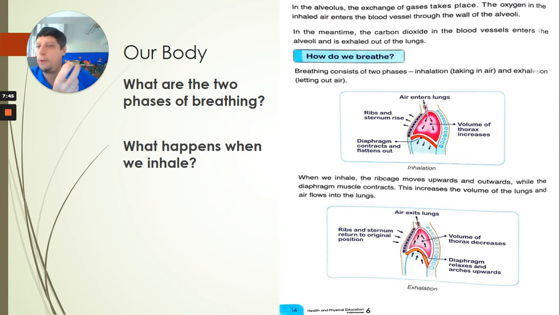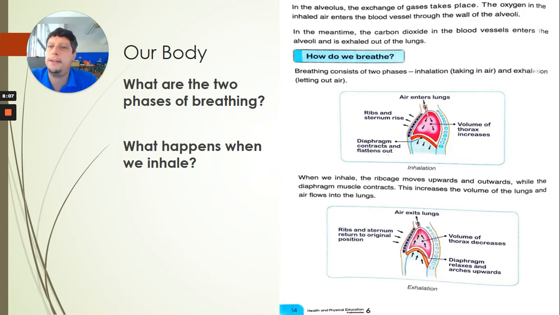It then makes its way around through the whole body, goes back into the alveoli, and then makes its way back up through our trachea and out through our nostrils again when we breathe out, okay? Very complicated, but if you just remember the order that you breathe in and you breathe out, it should make it much, much easier, okay?